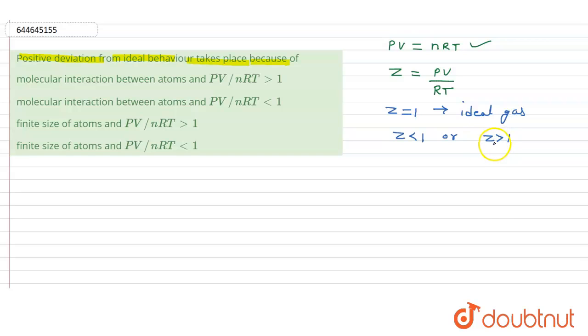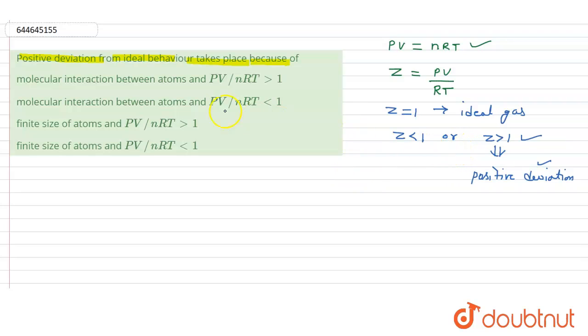When the repulsive force dominates, the value of Z comes out to be greater than 1, and when the attractive force dominates, the value of Z comes out to be less than 1, right? So when Z is greater than 1, the positive deviation will occur. That means the value of Z, our compressibility factor, is greater than 1.